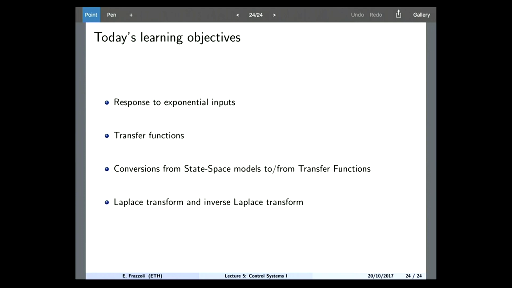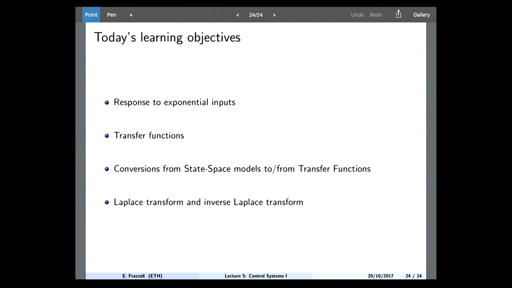But it is much easier to use when you want to do control design by hand, pencil, and paper. The state space model is something you will use when you're doing control design in MATLAB. So the transfer function is what we'll use in the future, and then we established this connection between transfer functions and Laplace transforms.